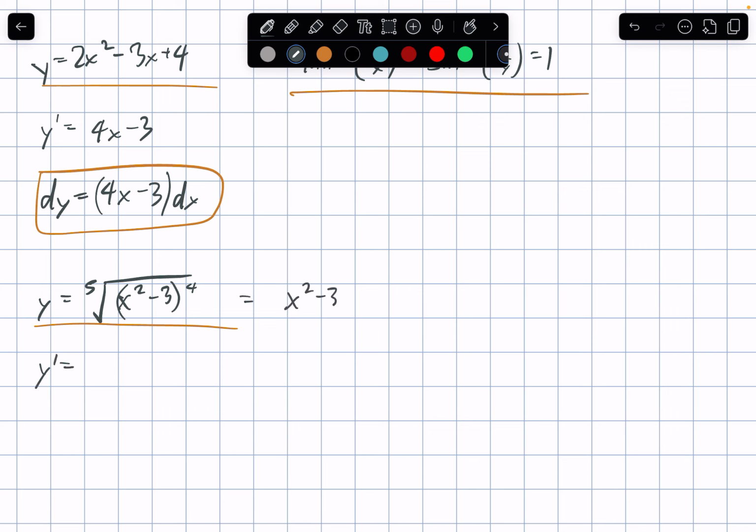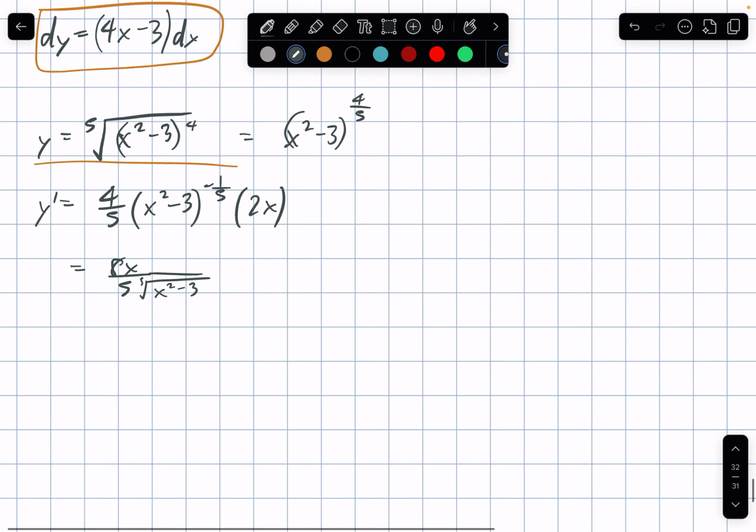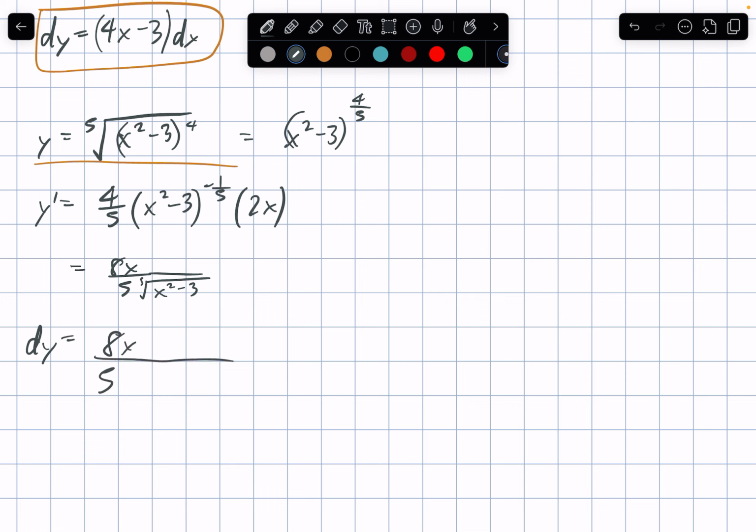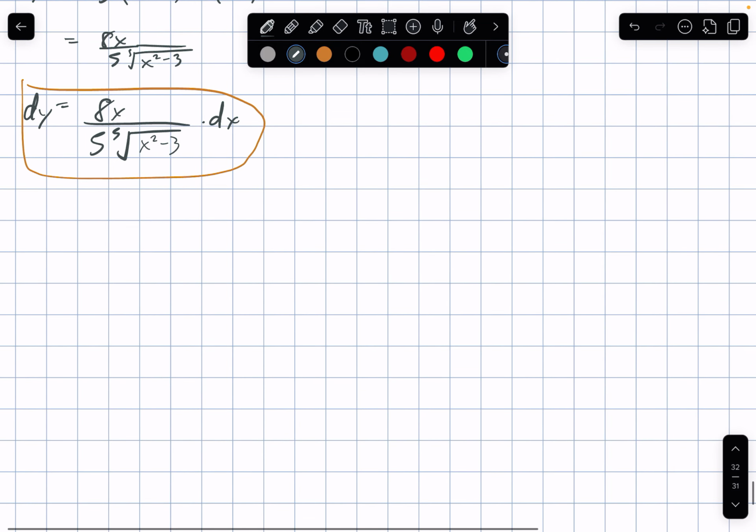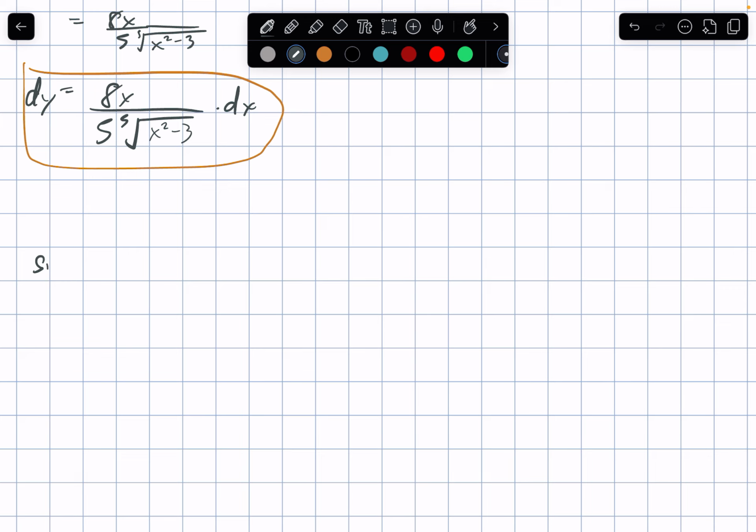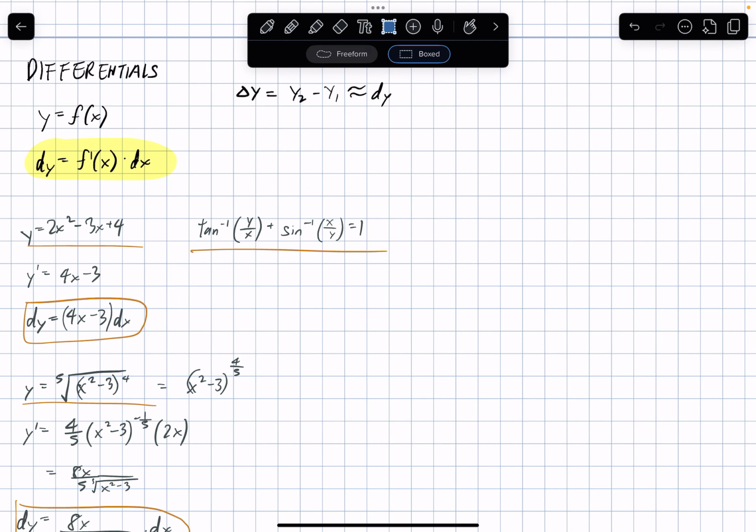This could be rewritten as... so that's the final answer. I think we are ready to solve this question.